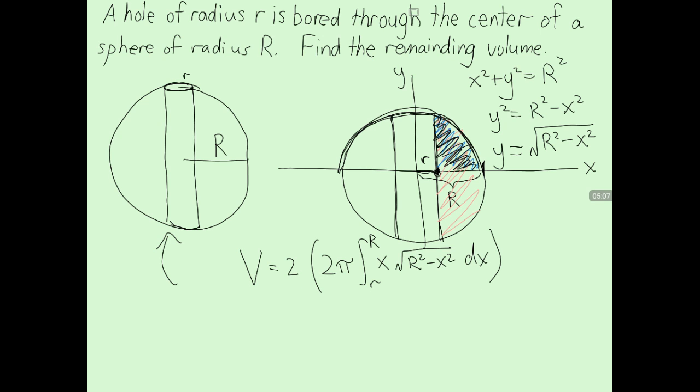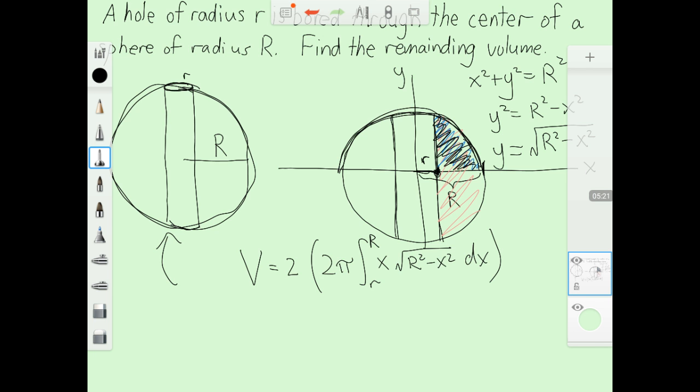Computing this definite integral will get us the volume here on the left. So right now, let's go about solving this integral. We're going to move this over to a different page.